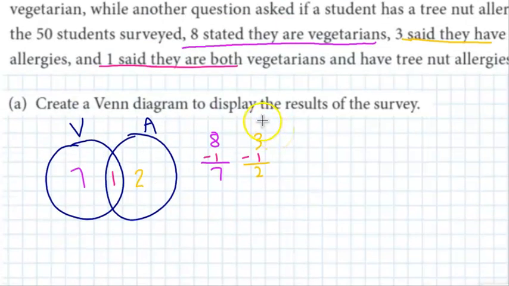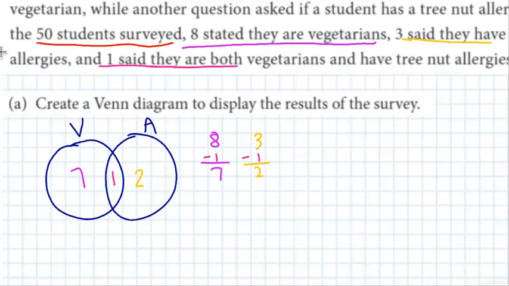We can then do the same thing for the students with allergies, once again subtracting out the one student that is also a vegetarian. So if we have this filled out correctly, we have 7 students that are vegetarians only, 2 students that have allergies only, and 1 that has both. The last thing that we need to look at is the total number of students.